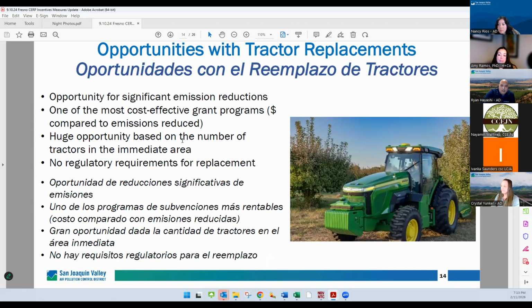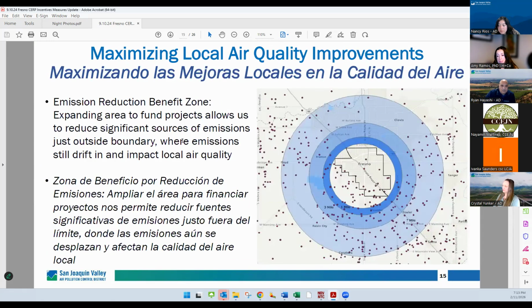Like I talked about before, there's just a lot of emission reductions associated with tractors. Some of these we already shared with you. This is what it looks like in terms of applications that we have right now for tractor replacement. We had a very successful program. There's no more funding for it from the state level. And so these are applications that currently would not be funded.